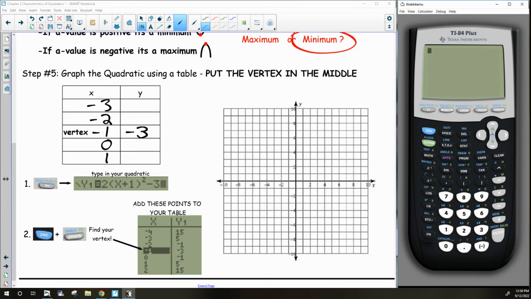So, first things first, we have to type in our equation. And all equations start with y equals and then our function. So we're going to look at the top left of our calculator and click that y equals button. And you'll see a bunch of lines where we can type in a bunch of equations, but we're only going to worry about typing it into the first one.